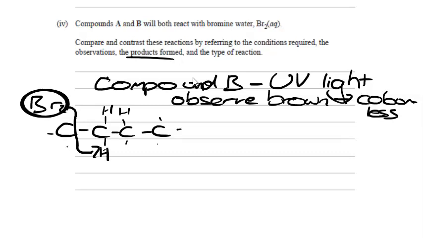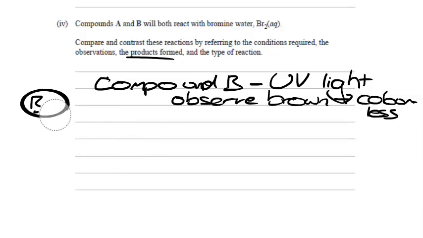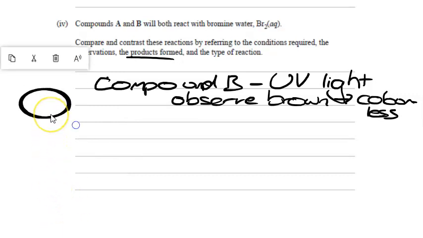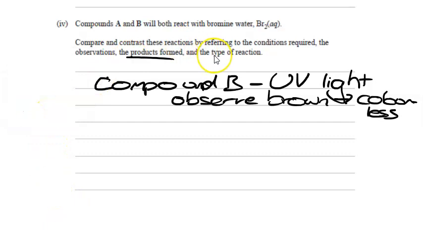We could end up with 1-bromobutane, or we could end up with 2-bromobutane. So any of those would be fine. And then the type of reaction. So for compound B, this is a substitution reaction.